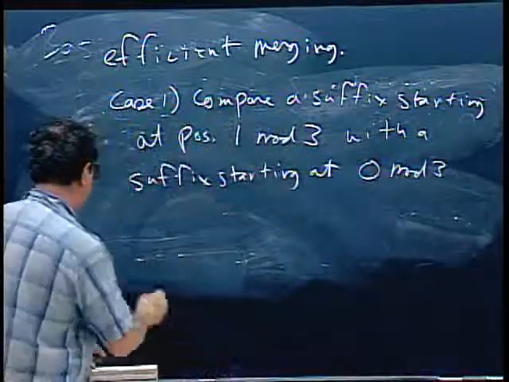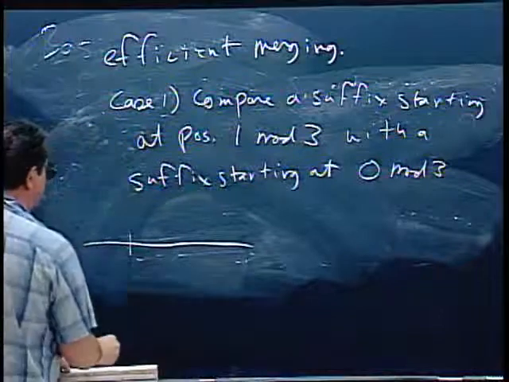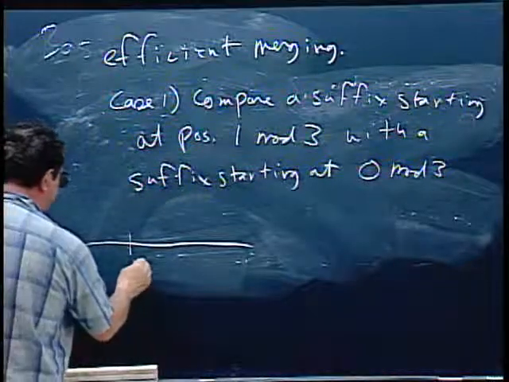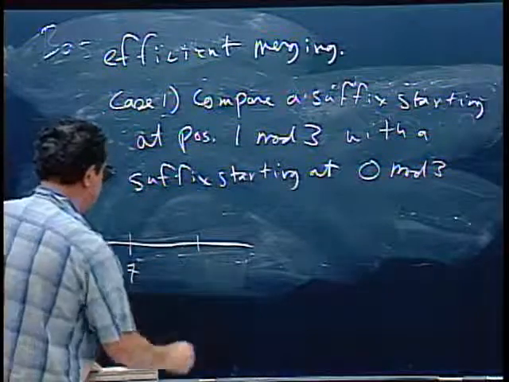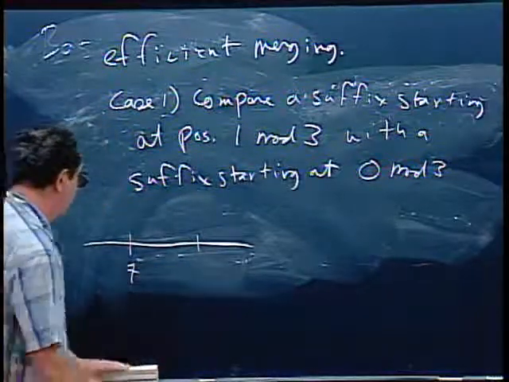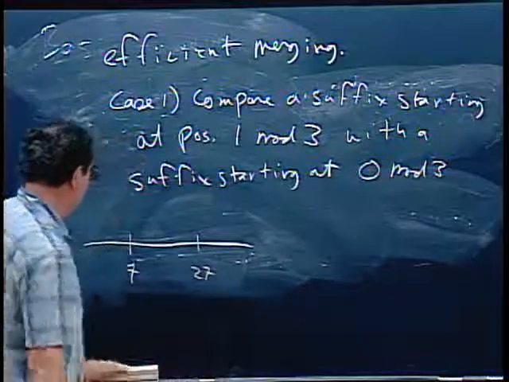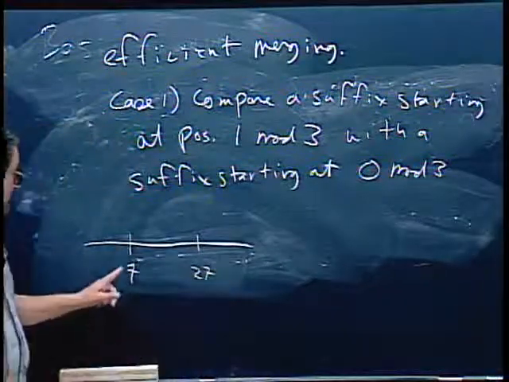Okay? So here we are. We have something that's 1 mod 3. What's a number in 1 mod 3? Like 7. And a position 0 mod 3, 27.